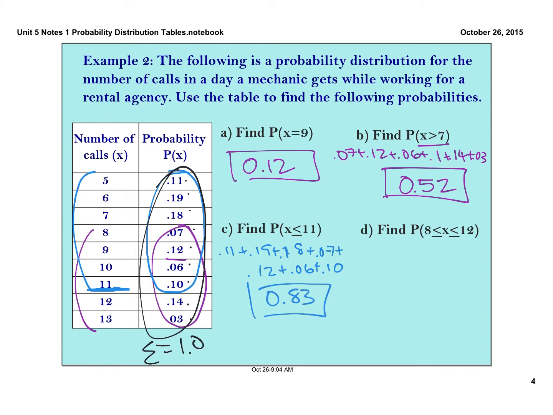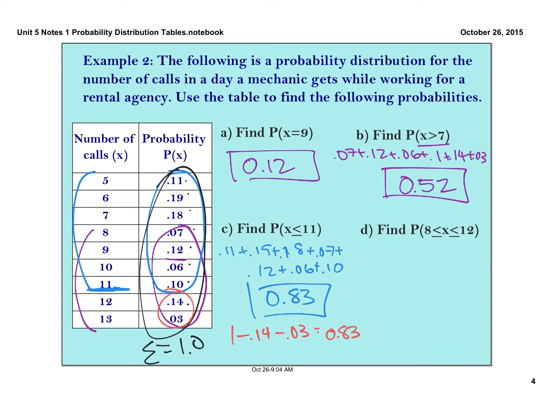The other way I could have done that is to subtract those: 1 minus 0.14 minus 0.03, and I get the same thing, 0.83. Either way would work, whatever way works for you.